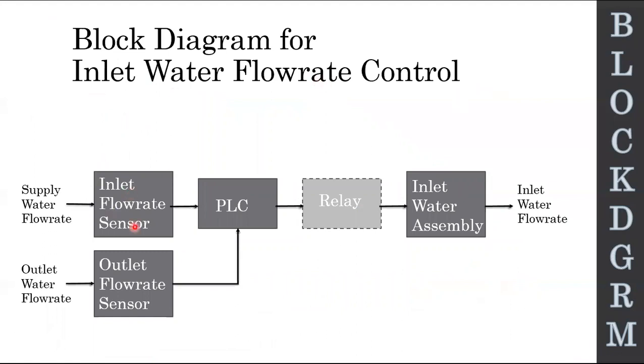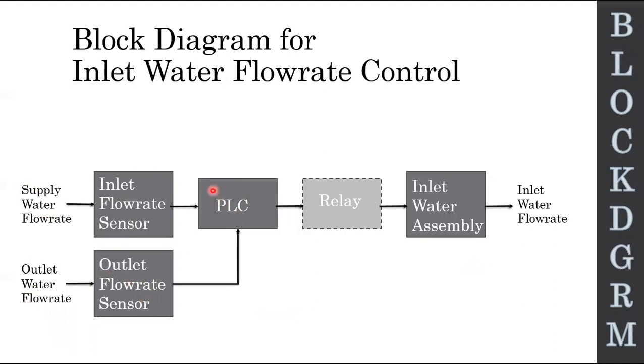So, as we've discussed, we have the inlet flow rate sensor to determine the flow rate of the supply water. And we have the outlet flow rate sensor to determine the outlet water flow rate. So these two signals will be compared in the PLC. So yung PLC, meron na rin itong function sa loob na parang comparator.